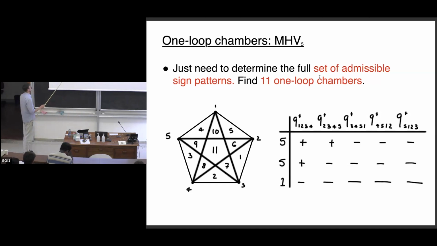Won't have time to go over this picture, but you can encode this information by, well, not a triangulation, a decomposition of the pentagon by introducing all chords of the pentagon. Just to note, a warning: you can't do this for higher points.